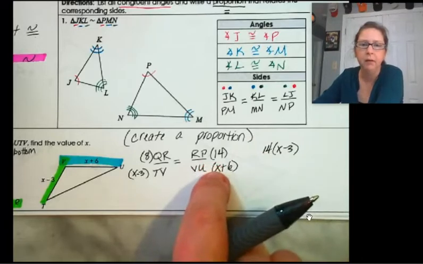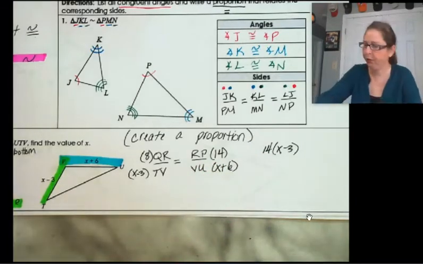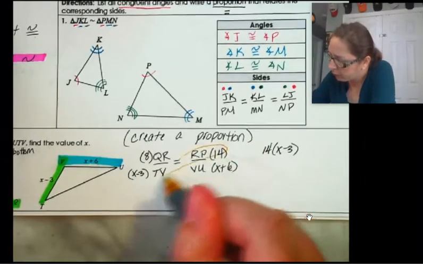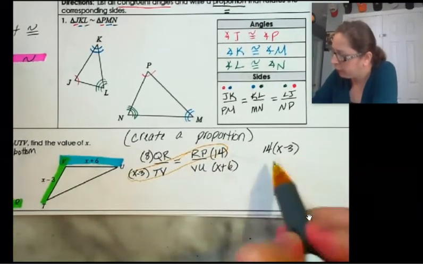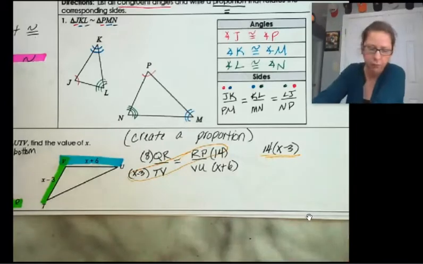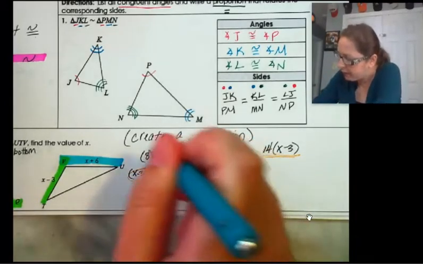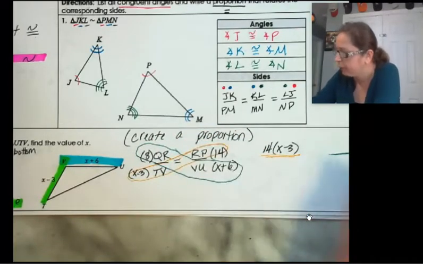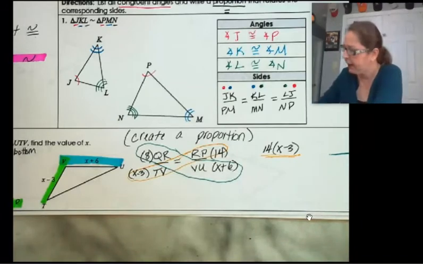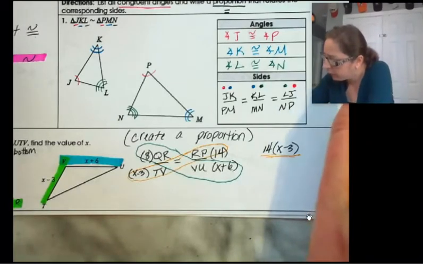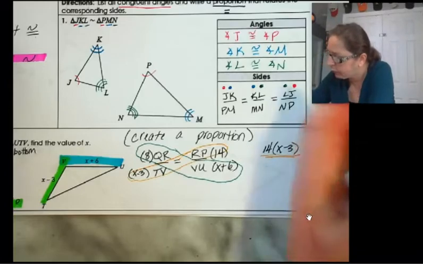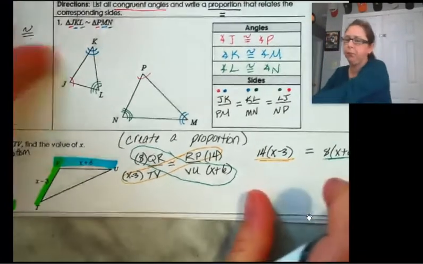And for some people, it does help to draw the little circles. Okay, so that's my orange side. And I guess this will be my teal multiplication. So I'm going to get 8 times X plus 6, and those are going to be equal.